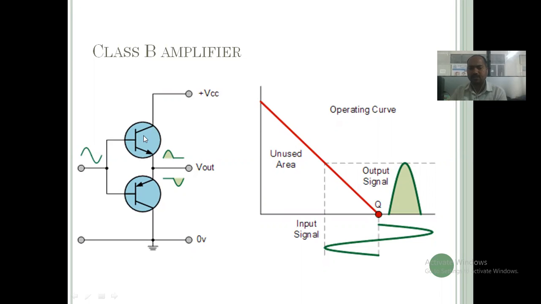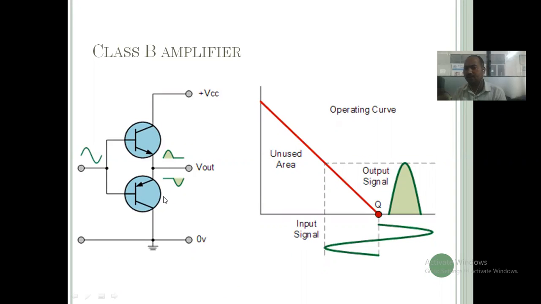There are two transistors, the upper transistor and the lower transistor, and they are exactly opposite: one is an NPN and the other a PNP. Why is it different? Because AC has two half cycles, positive and negative. The upper transistor works in the positive half cycle, and the lower transistor works in the negative half cycle. That's why we use two types of transistor.